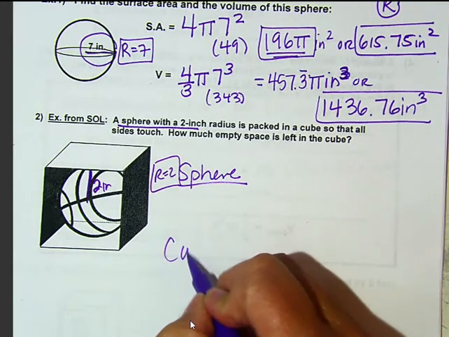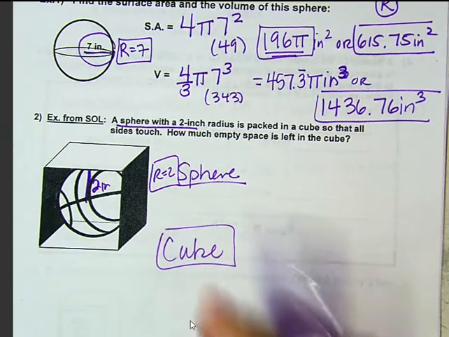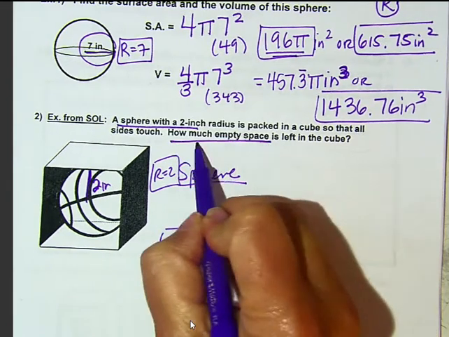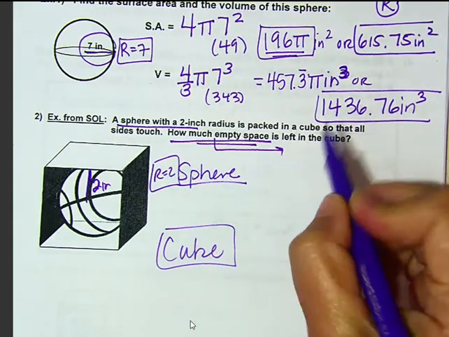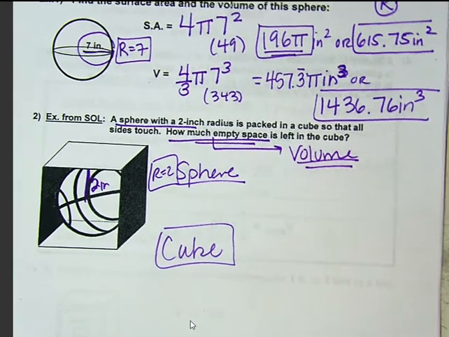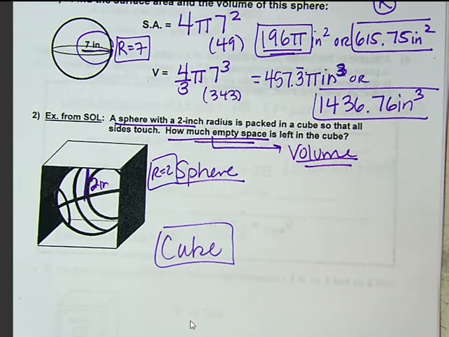So my second formula is cube, and we're going to say how much space. Whenever you say how much, you're always going to use the volume formula. You have to figure out which formula you're going to use. How much space, how much water does it hold, how much will it take to fill, a fish tank is 3/4 full.